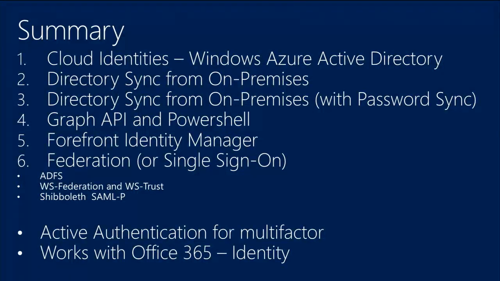You can use DirSync to synchronize with a password sync, where we synchronize the password hash. You can use Graph API. You can use PowerShell to access a Graph API and make changes yourself. You can use the Office 365 connector for Forefront Identity Manager for more complex domains with multiple forests. And you can use federation or single sign-on, which could be ADFS, which could be Shibboleth with SAML, which could be an STS that uses WS Federation and WS Trust. That's part of our program.